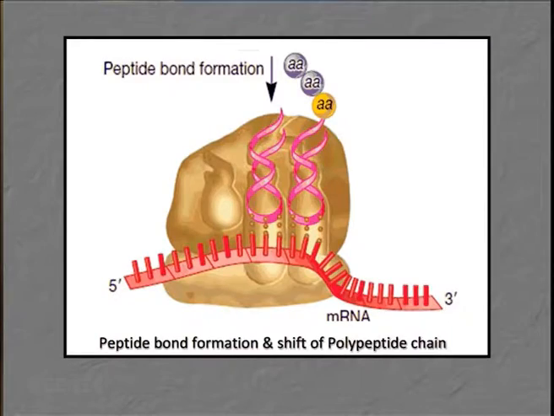Next question comes that once the peptide bond formation takes place between the amino acid onto the A site and the peptide which is present onto the P site, the peptide gets transferred from the P site to the tRNA which is present onto the A site. This process leads to a dramatic change in the ribosome, wherein we can see that the larger ribosomal subunit has moved apart.